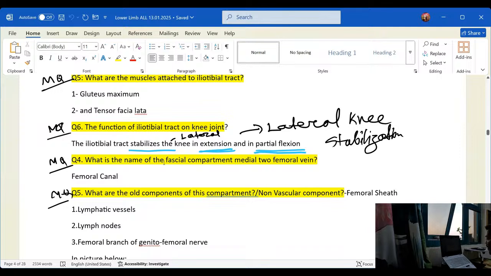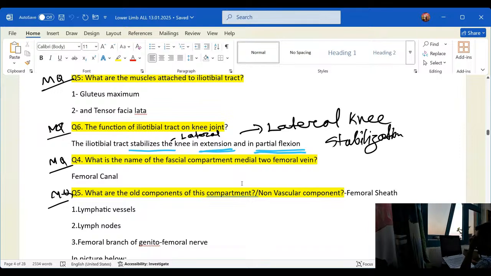What is the name of the fascial compartment medial to the femoral vein? This is the femoral canal. What are the non-vascular components of the femoral sheath?